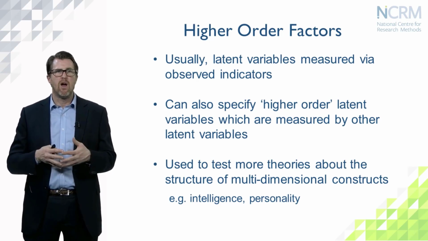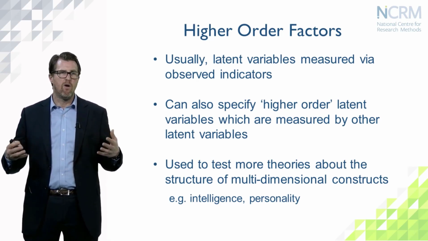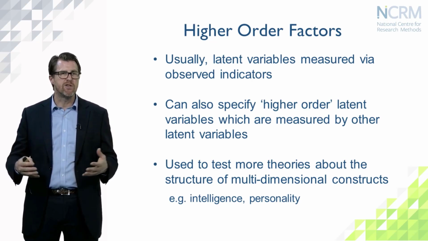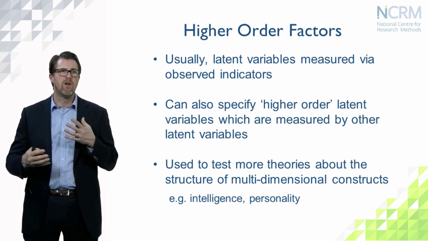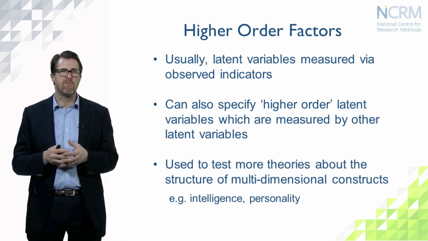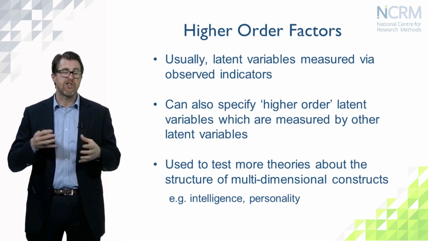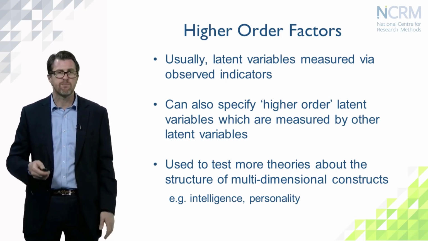For example, in psychology, there are debates about the number of personality dimensions, and often belief systems and so on. It's important to understand how many different dimensions there are, in addition to how those dimensions might be related to other variables.